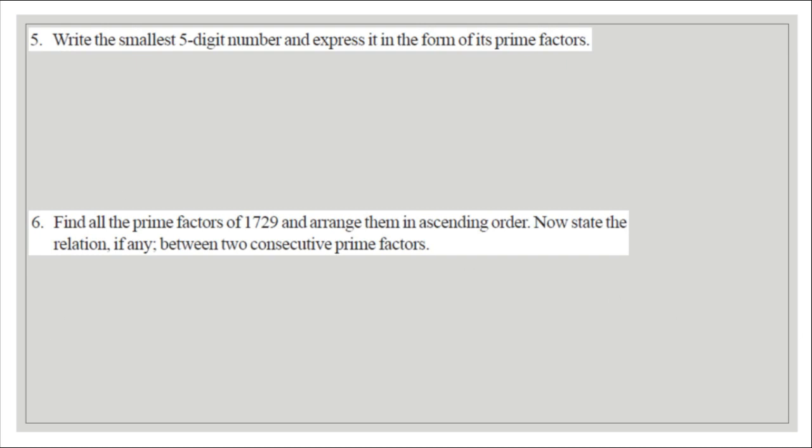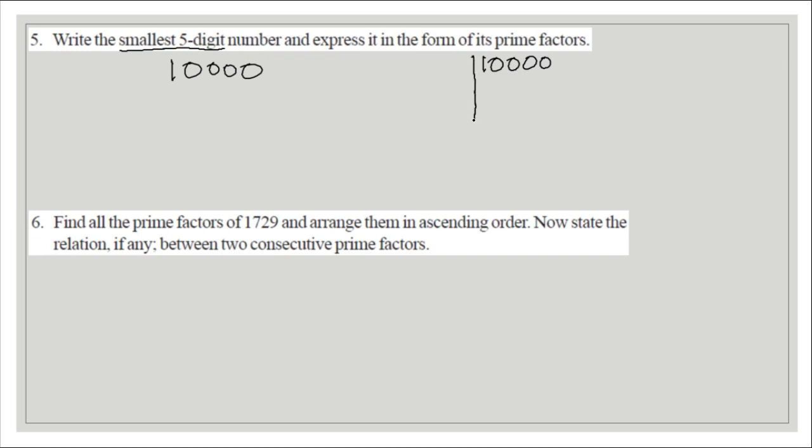Now the question is to write the smallest 5-digit number, which is 10000, and express it in the form of its prime factors. If I write 1 followed by 4 zeros, it's 10,000.